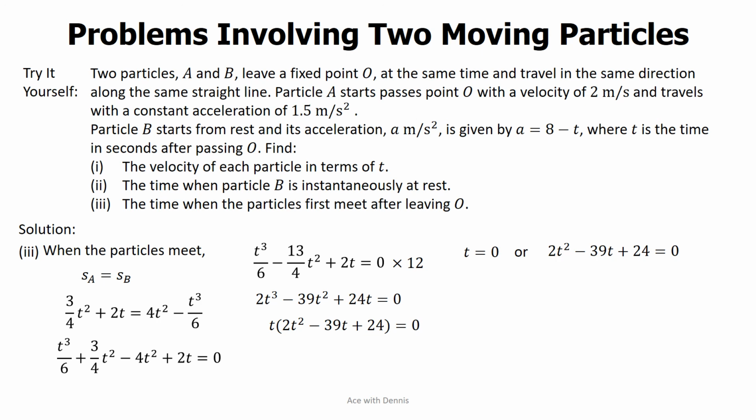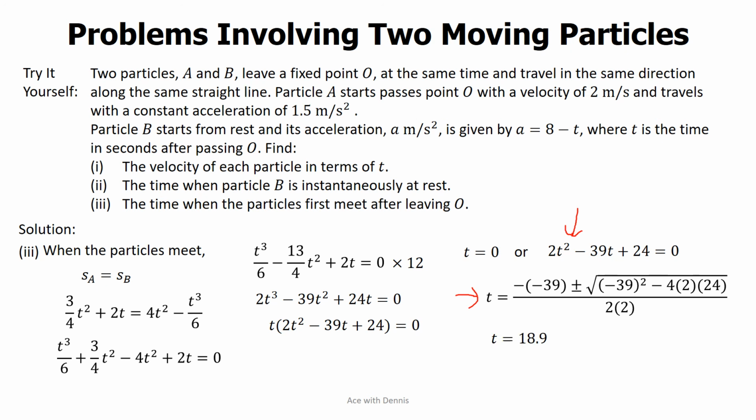For this equation, we can't really factorize directly. So to solve this equation, we have to use the formula method, which is t equals negative b plus or minus square root of b squared minus 4ac over 2a. So for this case, a is 2, b is negative 39, and c is 24. Hence, t equals negative (negative 39) plus or minus square root of (negative 39) squared minus 4 times 2 times 24 over 2 times 2.